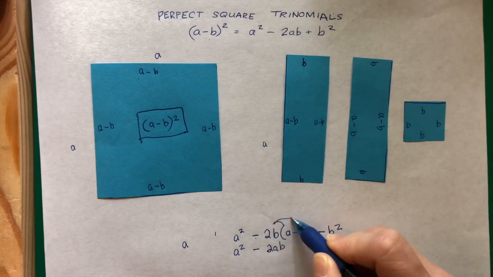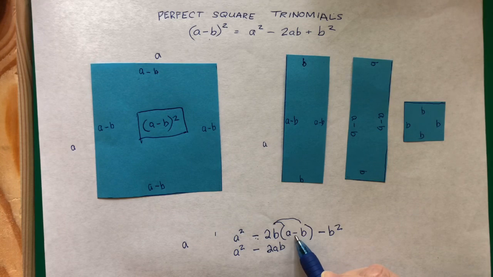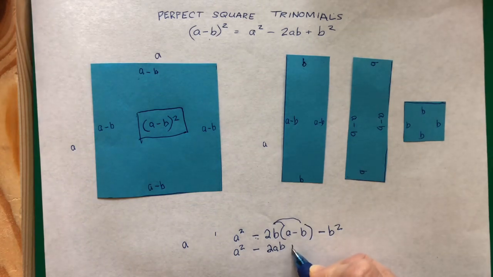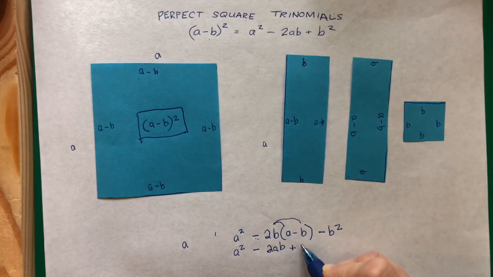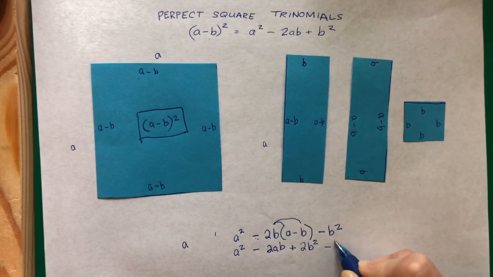Now I'm going to use the distributive property again. Be careful, this is a negative 2b, and this is a negative b. So that's going to be plus 2b squared. And then at the end, we subtract b squared.